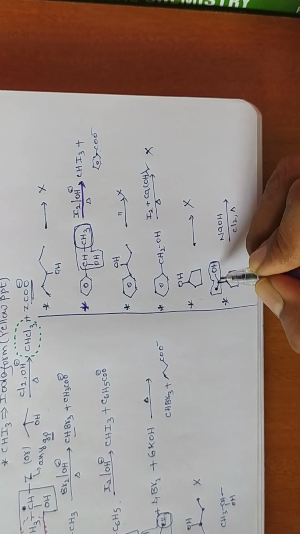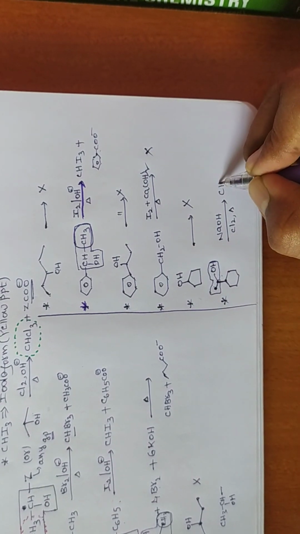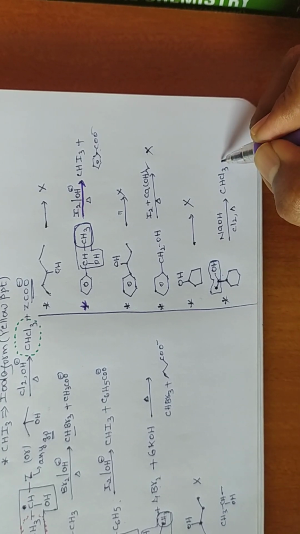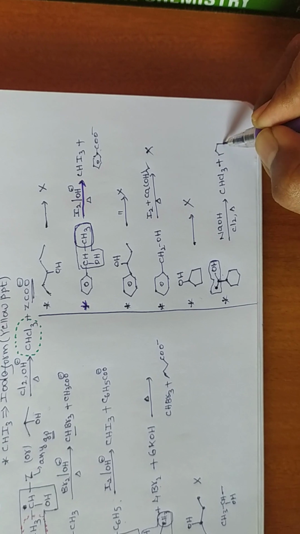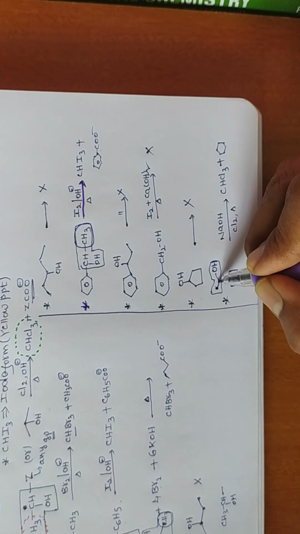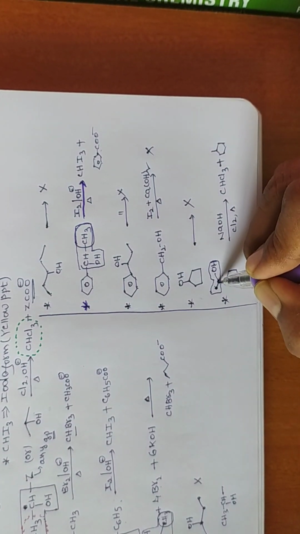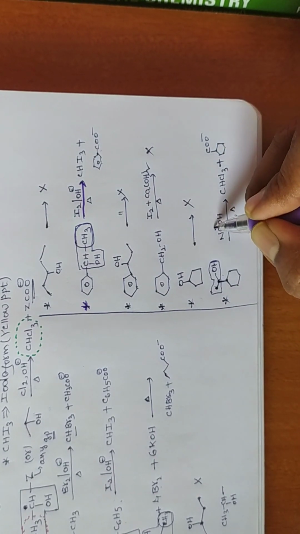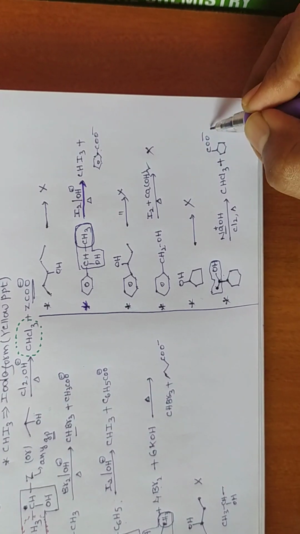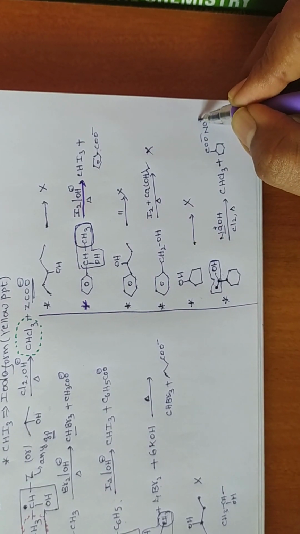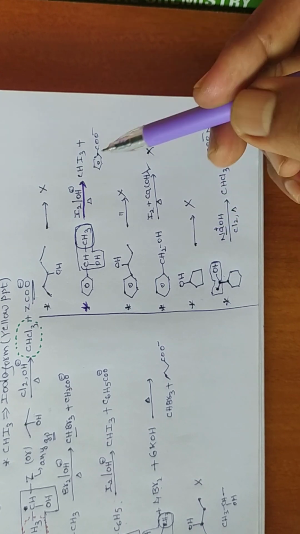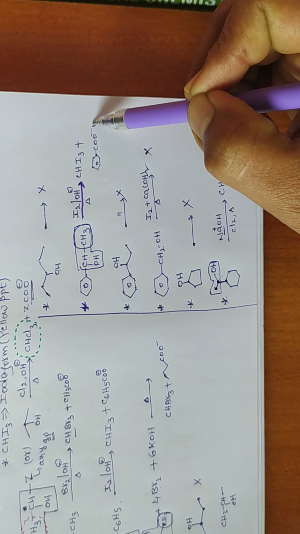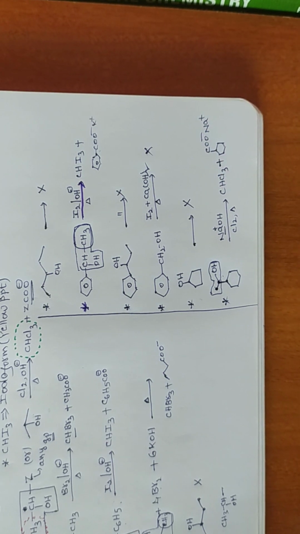Here the halogen is chlorine, so we will get chloroform, plus the remaining product, which is COO minus. Here we have taken the base NaOH, so we will get Na plus. What we get depends upon the base we take. For suppose here we are using KOH, then we are going to get K plus. Like that we can write.